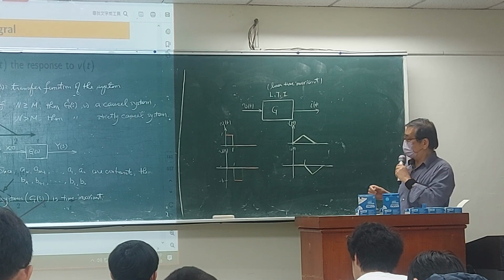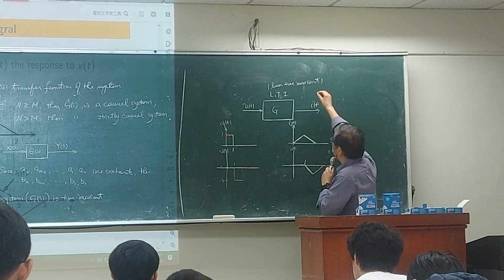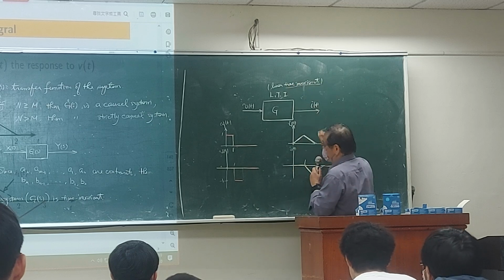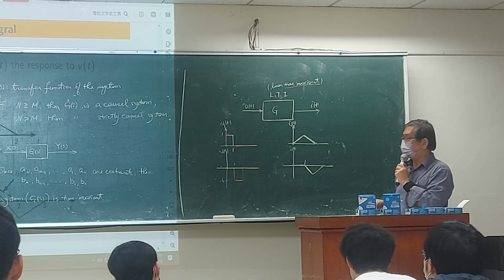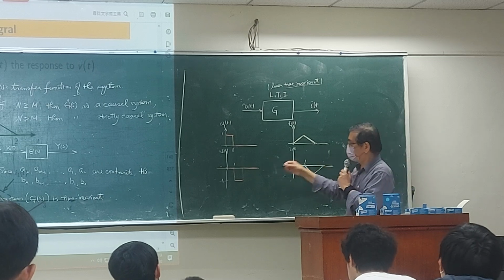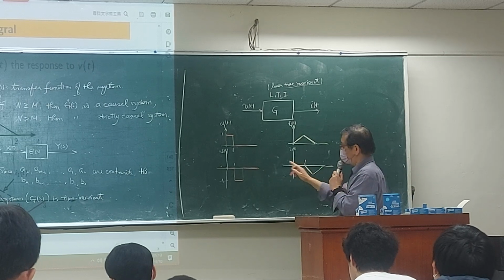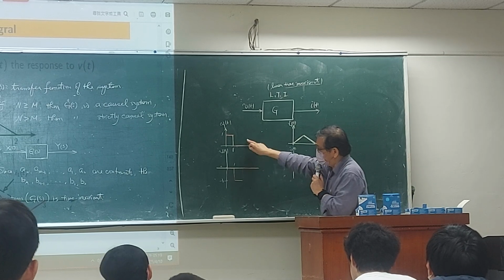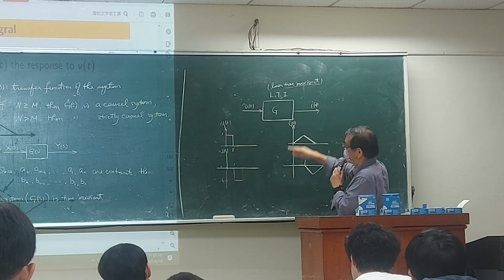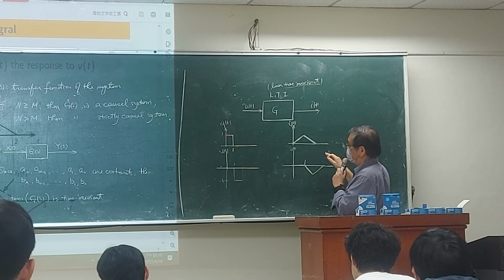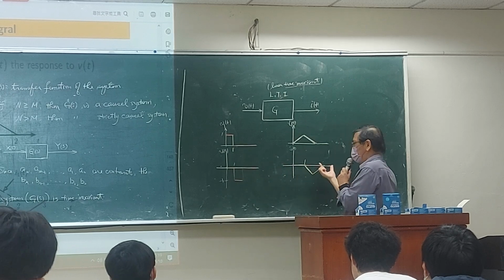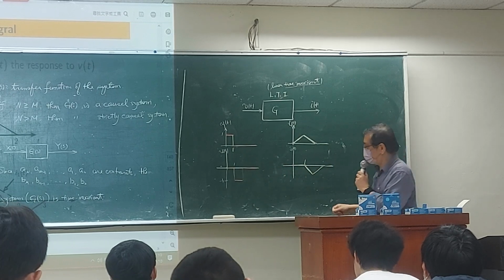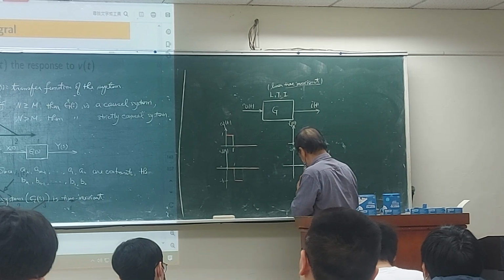Okay? This is due to the time invariance and linearity. It is linear, so I can multiply the output by negative 1, since they differ by the sign. And then it is time invariant, so I can shift the output to the right by 1 second.